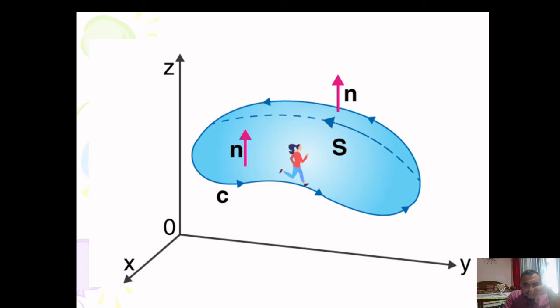So here you can see there is a line and there is a surface. So if you integrate the vector over the curve, that is line integral, that will be equal to integrating the curl of the vector over the surface.